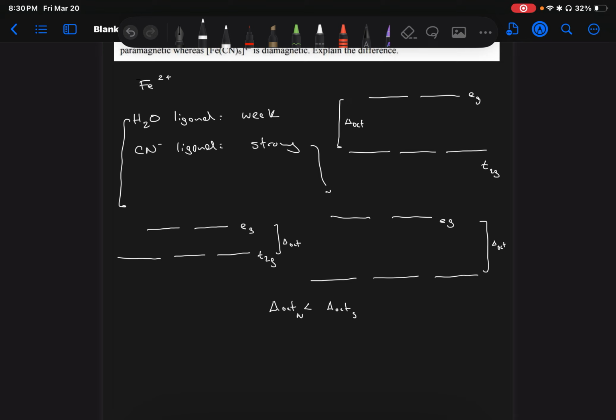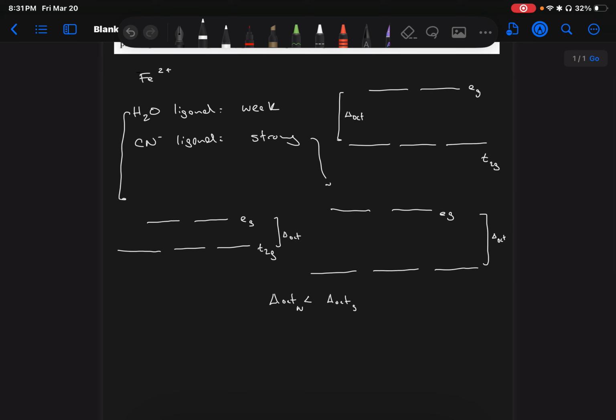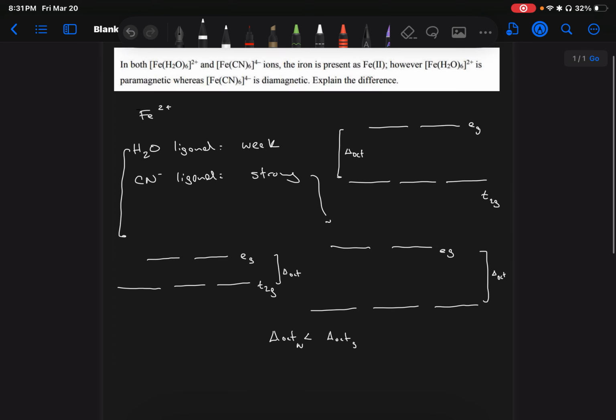This change in energy will cause the electrons to be filled in differently. So now we just need to fill in the electrons for these.